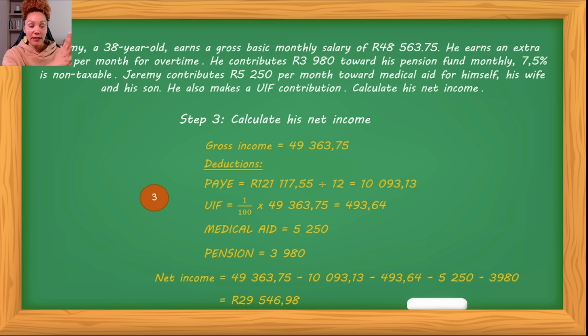Then we move over to calculating the tax by multiplying the taxable income by 12, using the tables accordingly to find the actual tax value. Then to find his take-home pay, you take that tax value divided by 12, which gives you his monthly tax payment. Then you take all the other deductions from that gross income, and it will give you his take-home pay. Okay, so that is the entire process of taxation.